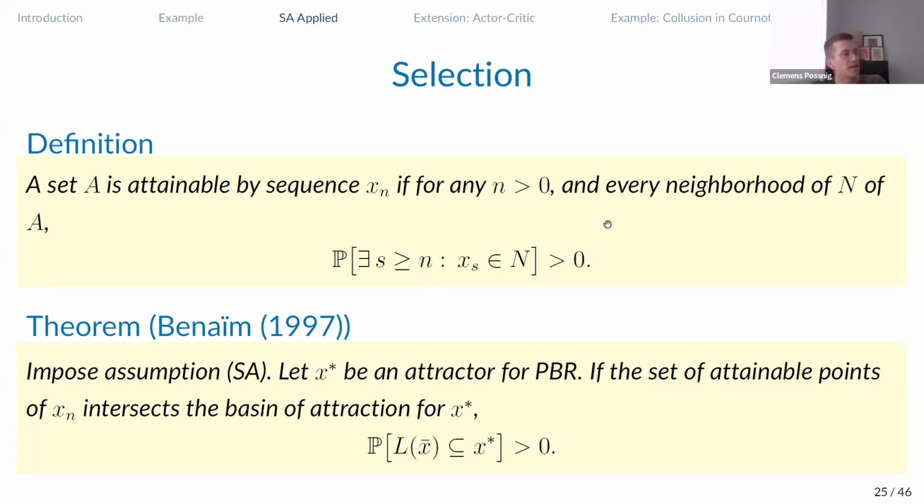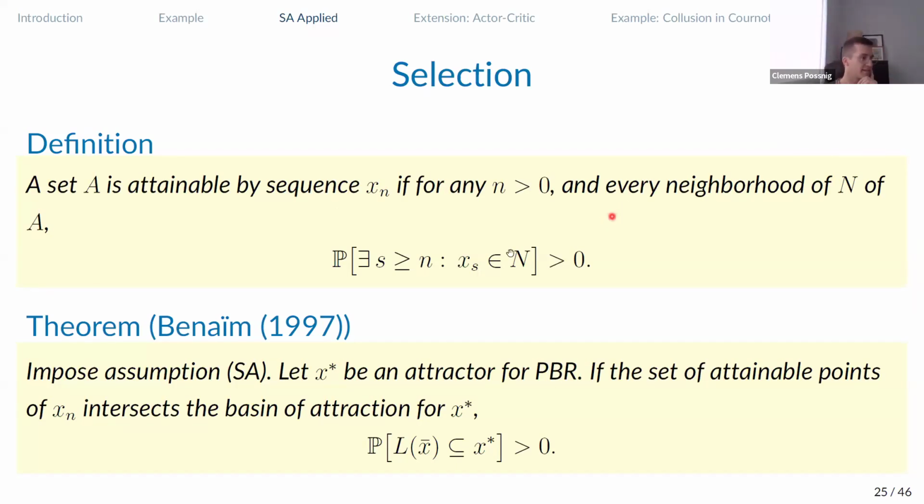And this property is, for example, satisfied by our linear interpolation in the stochastic fictitious play world for the whole domain, for the whole simplex. But it's something that is required to check if you want to get to the next result.